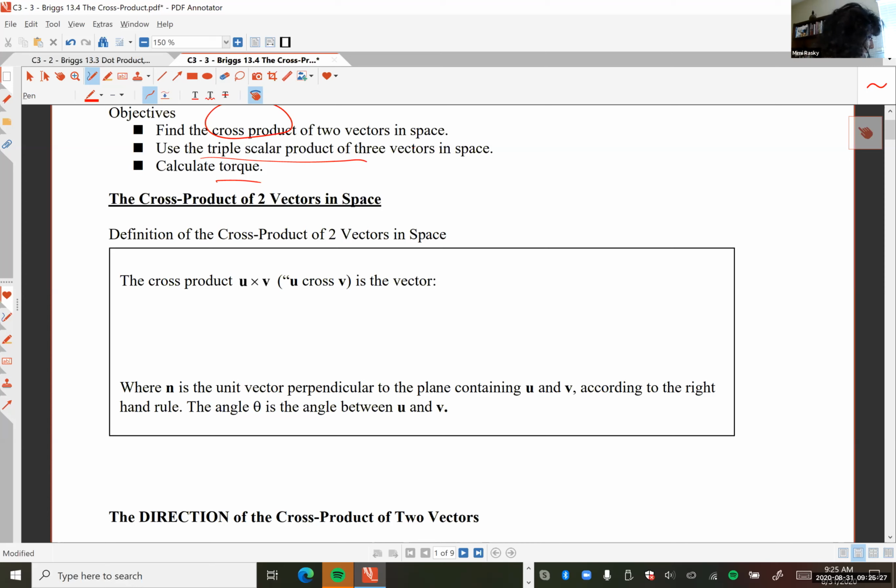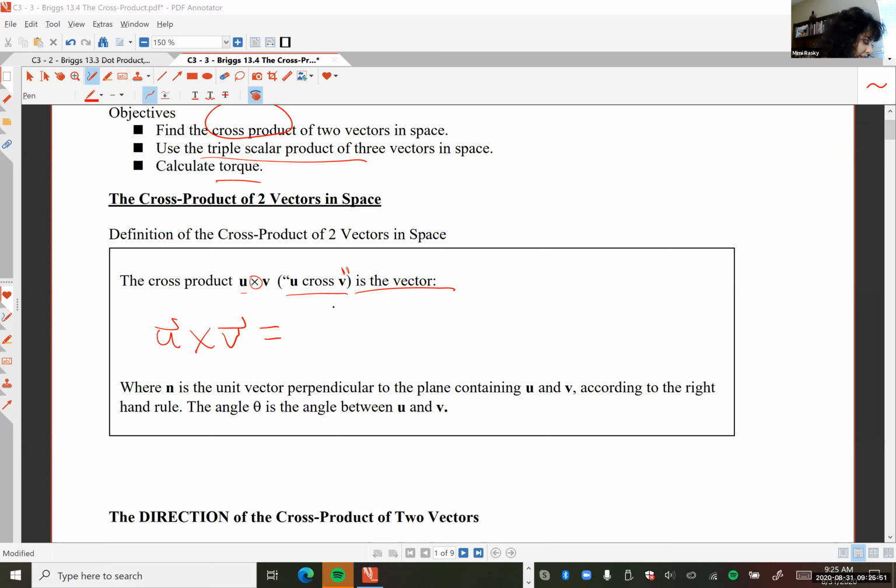Okay. Oh, I already see a typo. That's okay. So the cross product we're going to define right now. And it's not going to make sense, but just try to go with it. It's denoted with a cross instead of a dot. So it's a different kind of product of 2 vectors, and they say u cross v, so there's a little double quote missing there. It's a vector, and what vector is it?